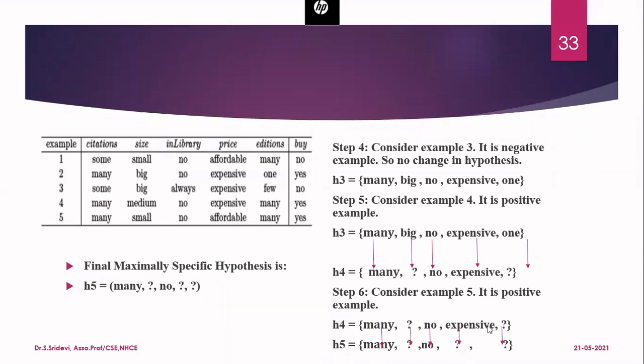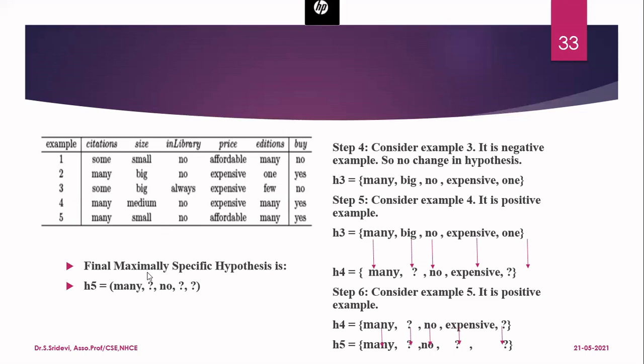Instead of expensive, you replace it with a question mark, because whether the price is expensive or affordable, you're going to buy the book. Then the last field is already a question mark. When there is a question mark, don't worry about it. Just write the question mark because a question mark is already a generalization. So now we have changed the hypothesis to H5. H5 has the values like this. This is the final hypothesis.